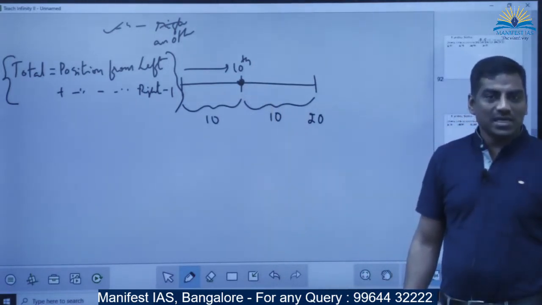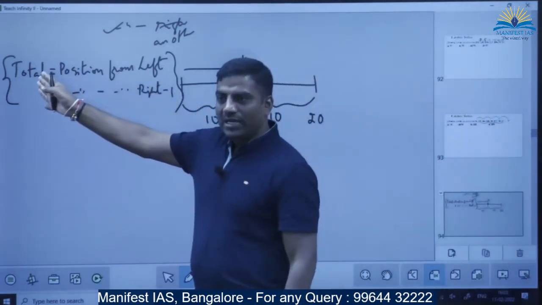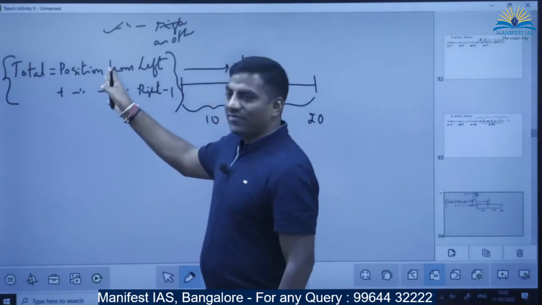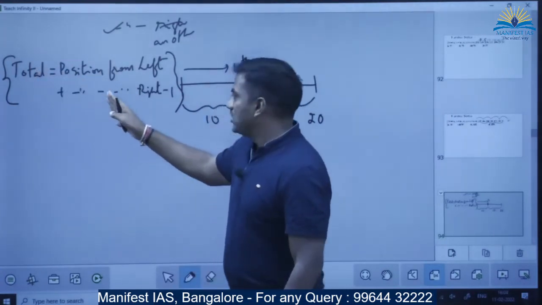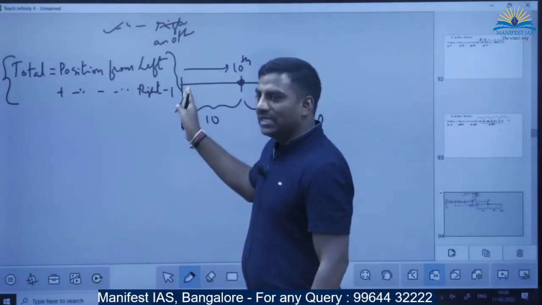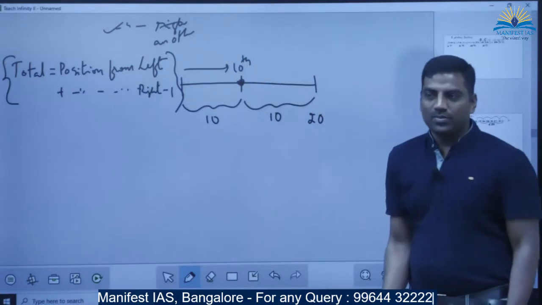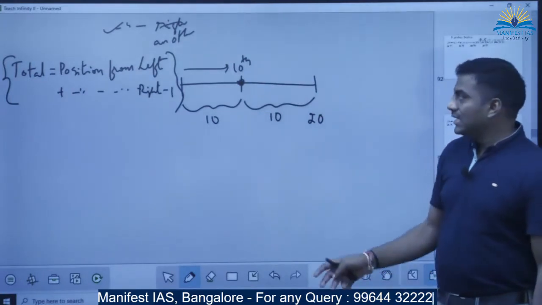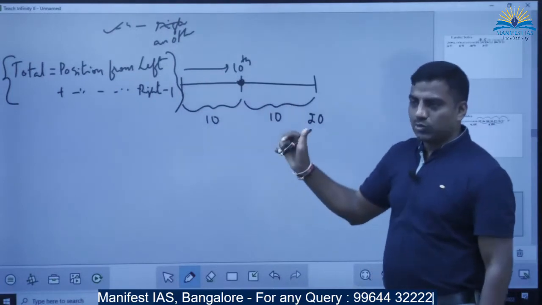Apply here: total is 20, position from left is 10, 20 minus 10 is 10. Position from right, minus 1. Take this minus 1 to this side, it will become 11. One way is position from left plus position from right minus 1.